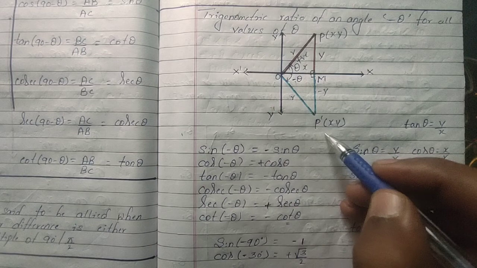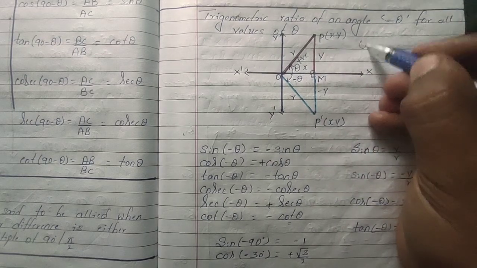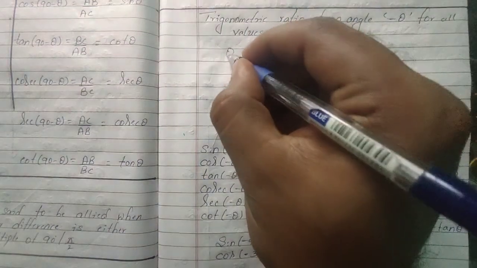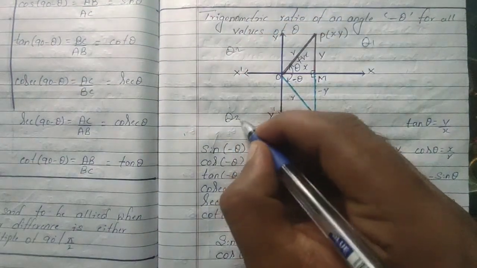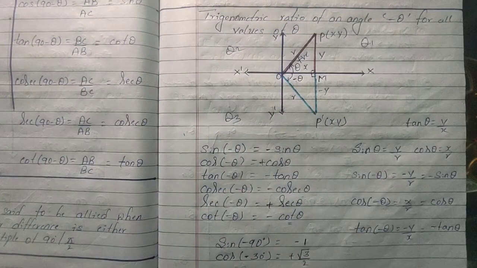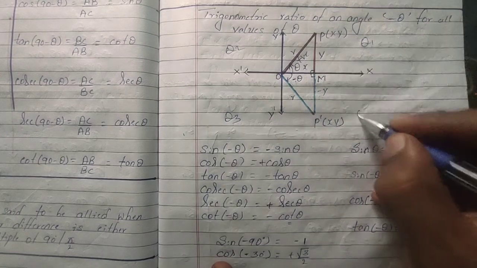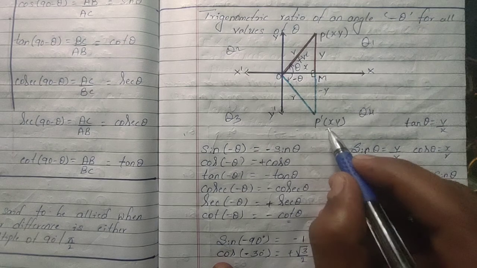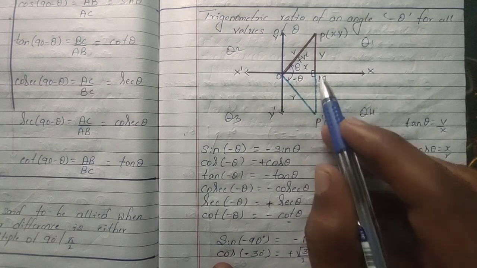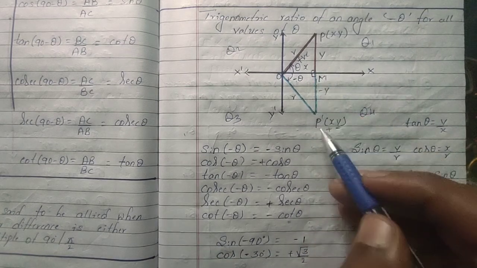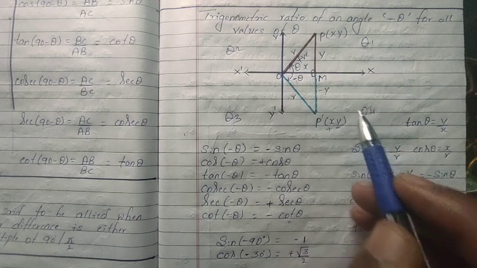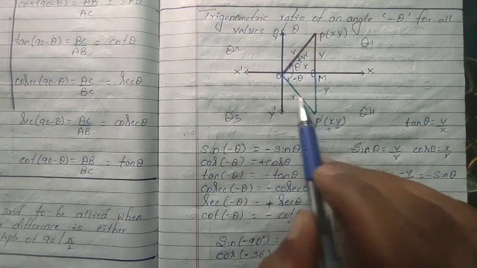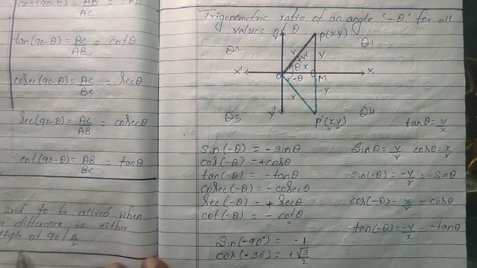But this is the first quadrant, this is the second quadrant, this is the third quadrant, and this is the fourth quadrant. In the fourth quadrant, x is positive, y is negative, so the distance of P dash M is minus y, and O to M distance is x, and radius remains r, positive.